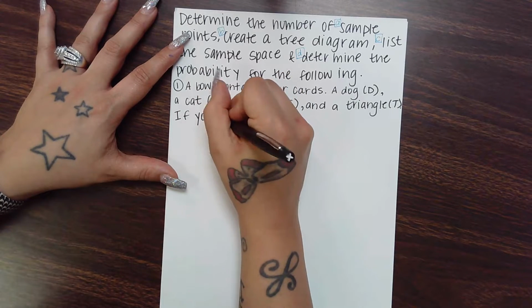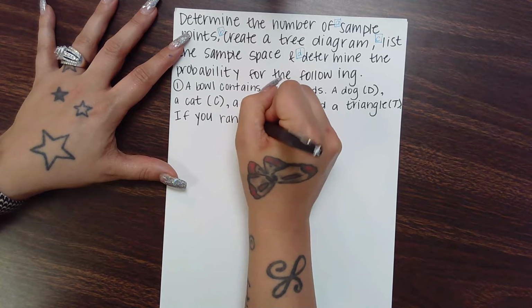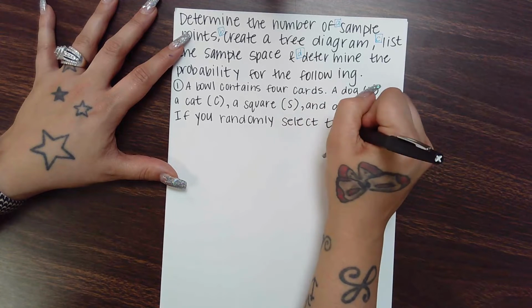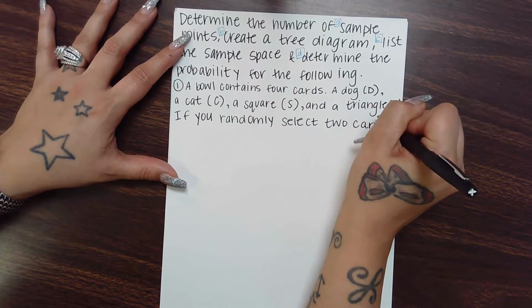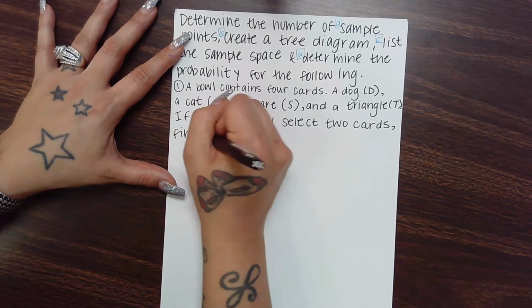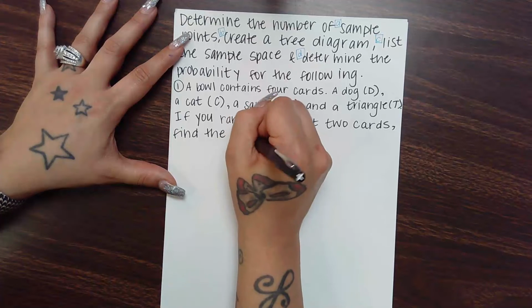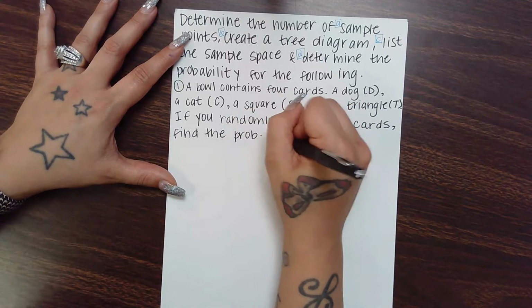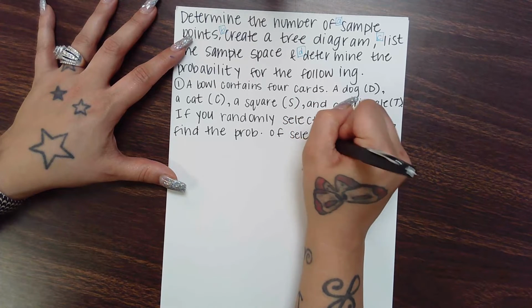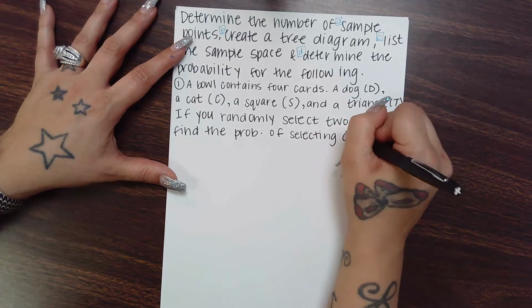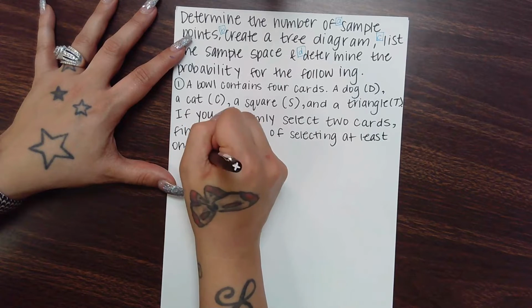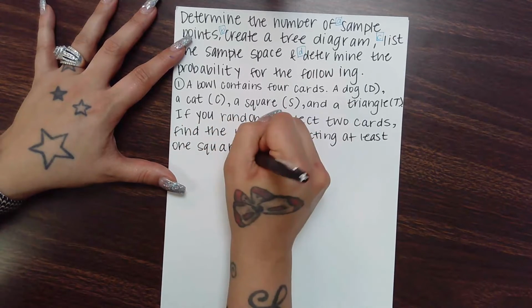Okay, so if you randomly select 2 cards, find the probability of selecting at least 1 square, comma.